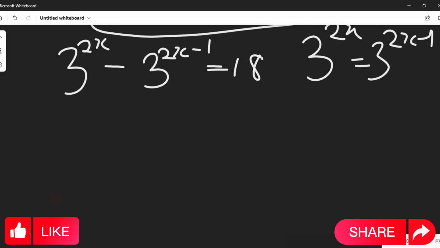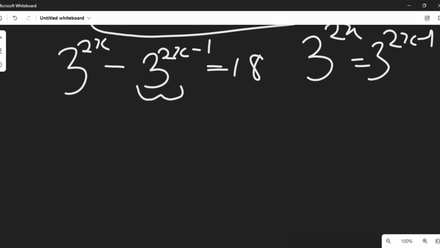What I think we should do in this instance is to expand this value. Remember, in the laws of indices, if you have a raised to power x plus y, it will be equal to a raised to power x multiplied by a raised to power y.